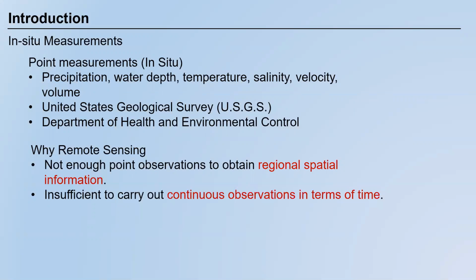Of course, you can do that, but what they can do is carrying out measurements at different locations or at different points. You cannot use something like an image to cover the whole area of the lake, right? So not enough point observations to obtain regional spatial information.